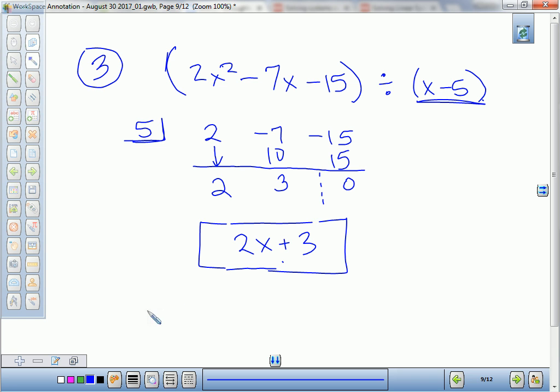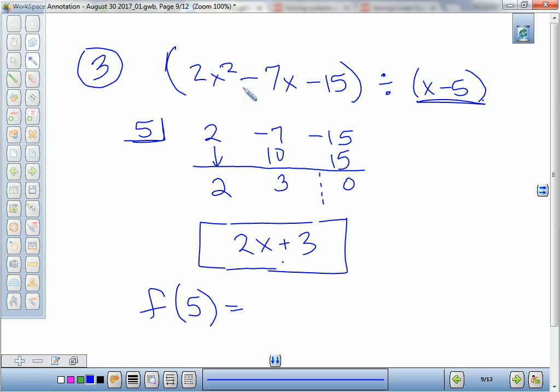Okay? Now, one cool thing that's going to happen. If we tie this back into what we did, this gives us an x-intercept, doesn't it? If we were to graph this and it factored to this times this, then 5 would be an x-intercept.